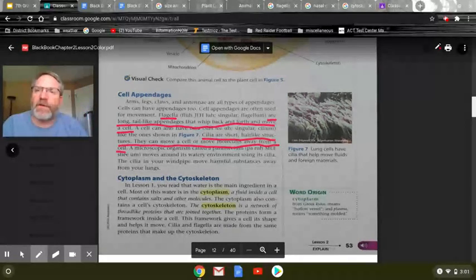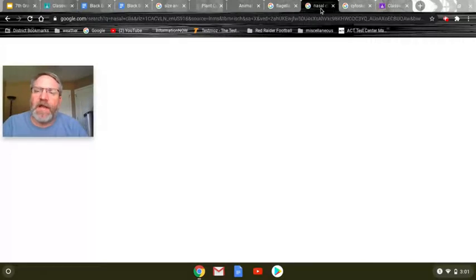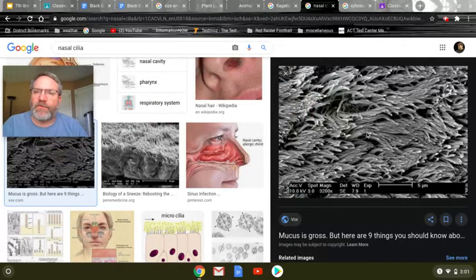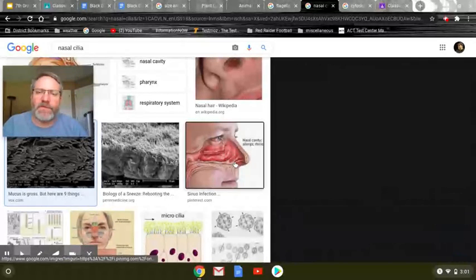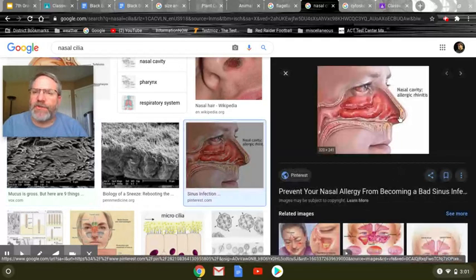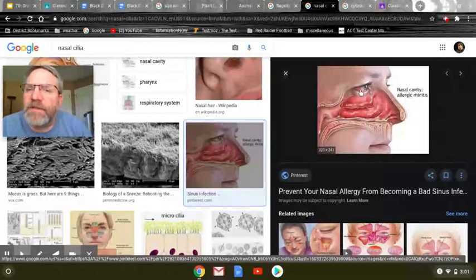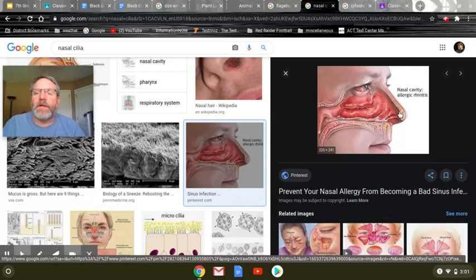I've got another picture right here of nasal cilia, back in the back parts of your sinuses. This is a good picture that shows you what your sinuses look like back there. Man, he's got some bloodshot eyes. You can see the capillaries running in this dude's eyes. Didn't notice that before, but anyway, I get distracted.